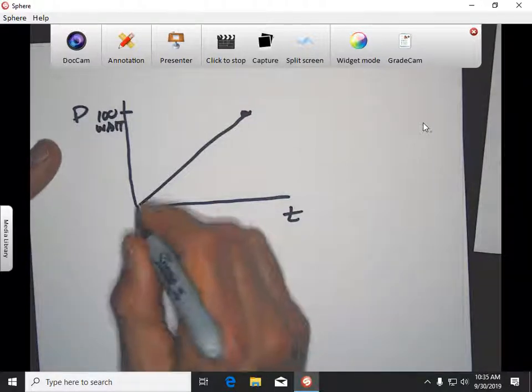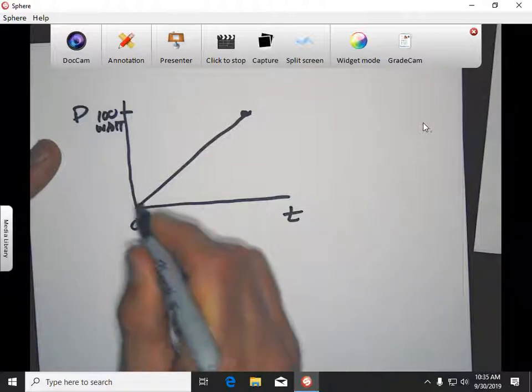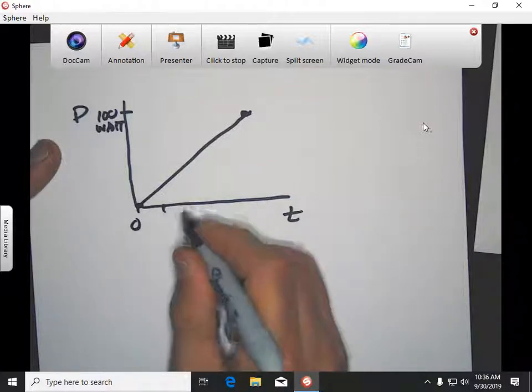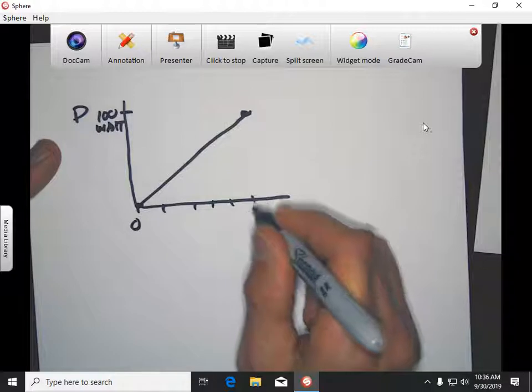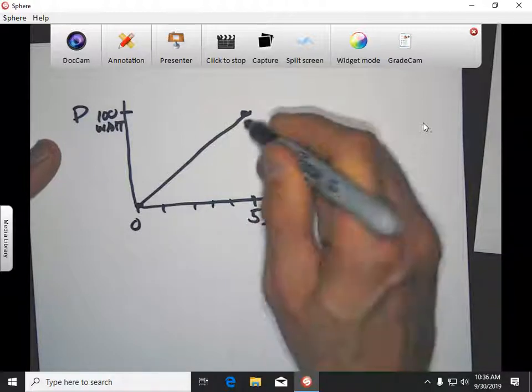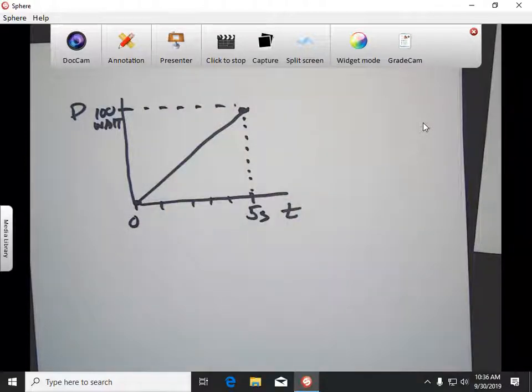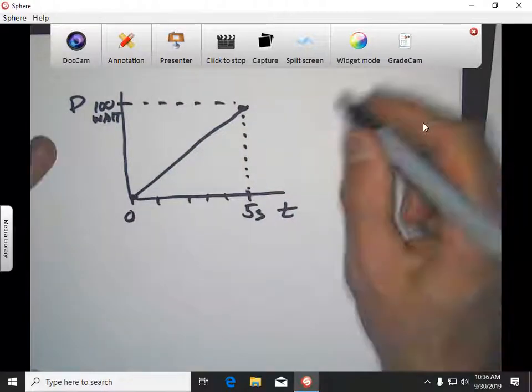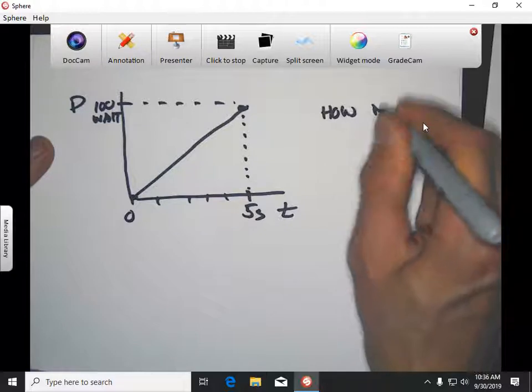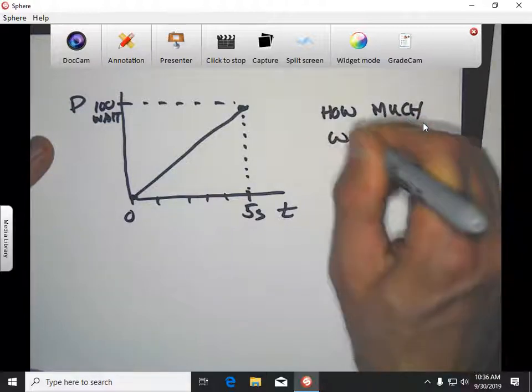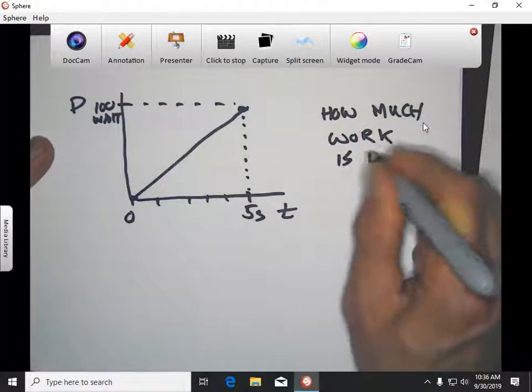So at the very beginning, at 0 seconds, the power is 0, and then time goes by. And when you get to 5 seconds, the power is now 100 watts. The question would be, how much work is done?